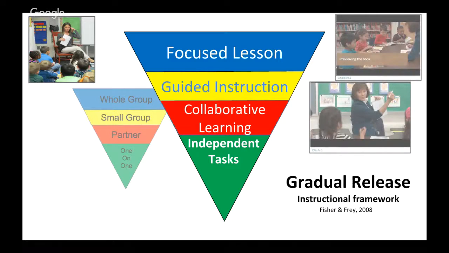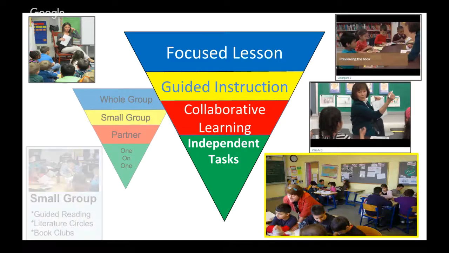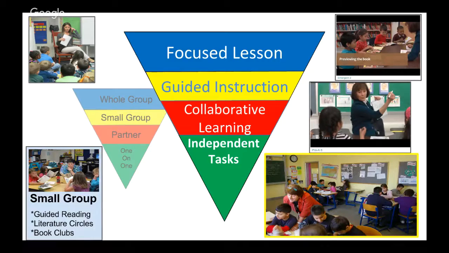When we look at the next three pictures, you see Jan Richardson there. We can say they are all small group, but are they of equal purpose? Which of those is going to provide a setting of practice?